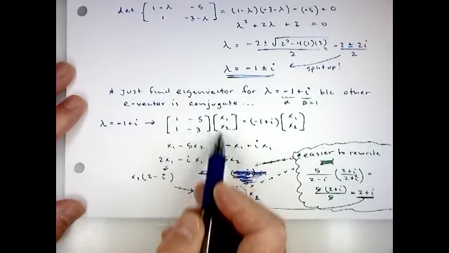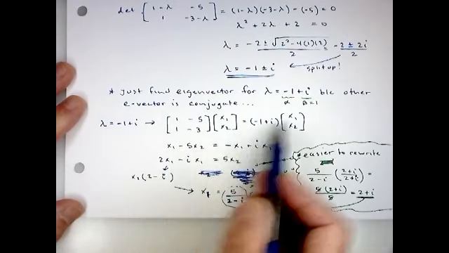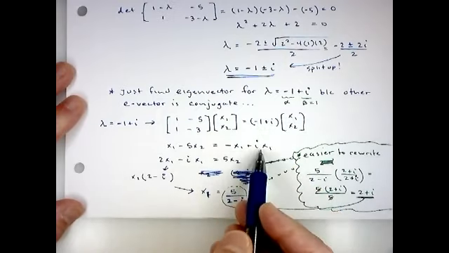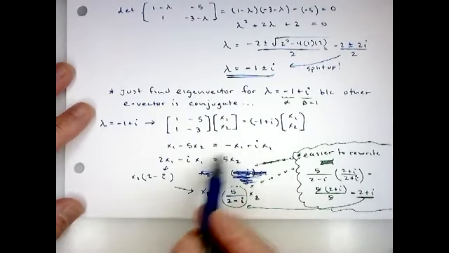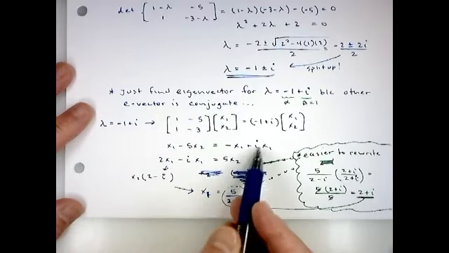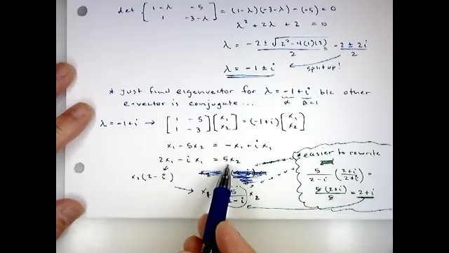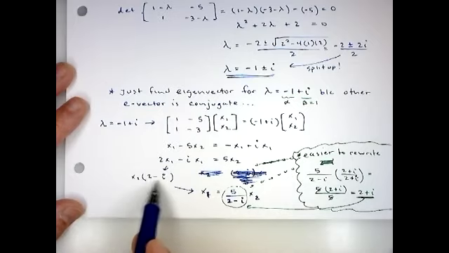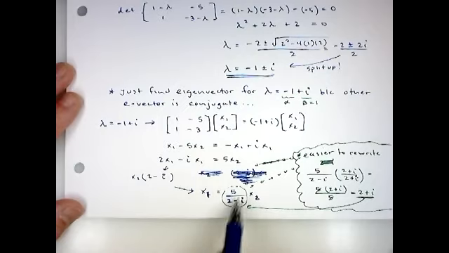If I multiply this out, the first row, I get x1 minus 5x2 equals, I just distributed, -x1 plus i x1. I got a bunch of x1 terms, so I'm going to add the x1 over here, that's 2x1, subtract the i x1, add the 5x2 term over to the other side. Note on the left side, you can factor out an x1, gives you 2 minus i. And if I divide that over, x1 is equal to 5 divided by 2 minus i times x2.